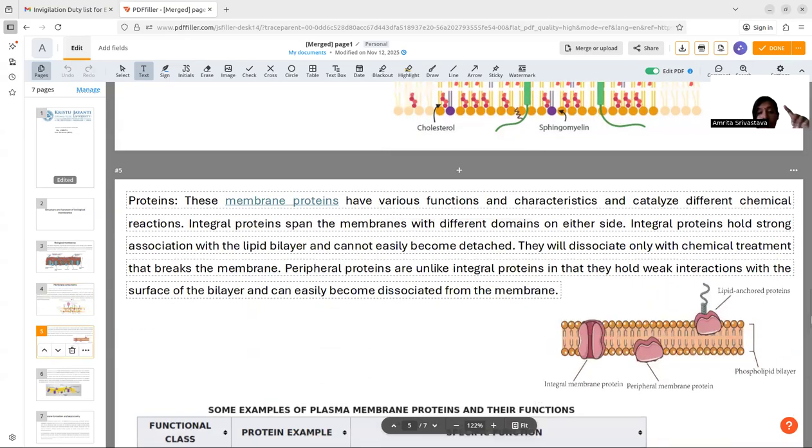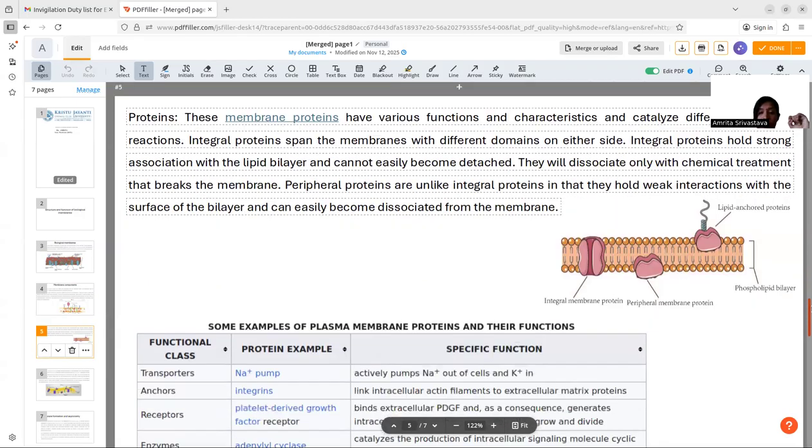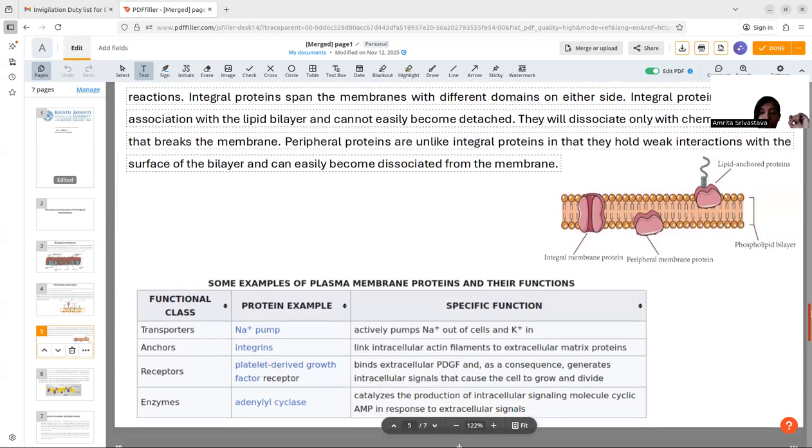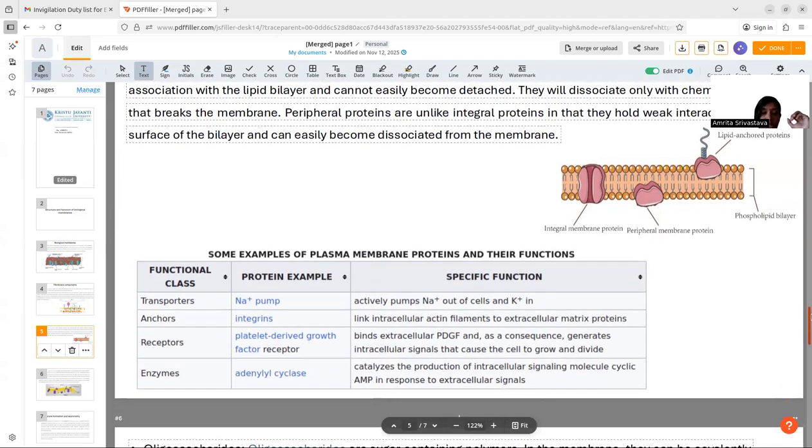These proteins that are present in the membranes have a very important role. They are involved in the transport of certain components inside and outside, and not just transport and signal transduction, but also functions like transporters, anchors, and integrating through these components.